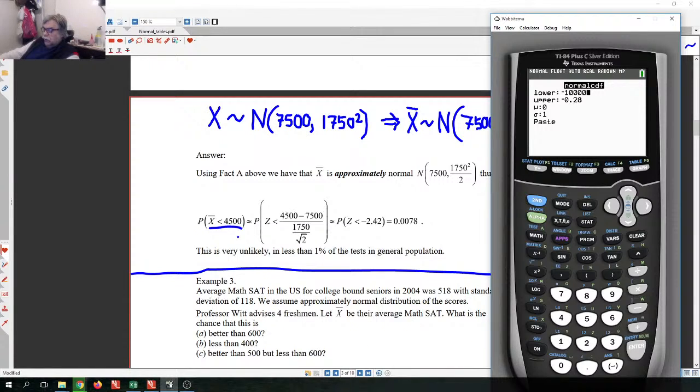You can say, why don't you just use 0? Well, you can use 0, but it has to be at least 5 standard deviations below the mean, which is 7,500, right? So I can use 0. It's not that bad, but I'm going to use negative 10,000 because I'm not going to calculate anything, and my calculator will calculate everything. The upper bound is 4,500.